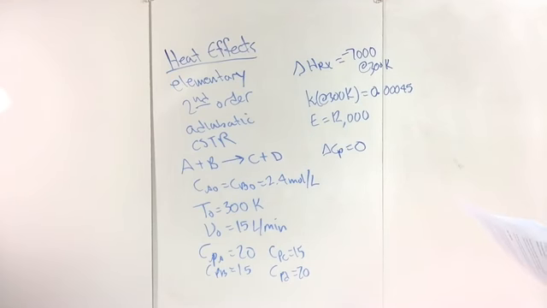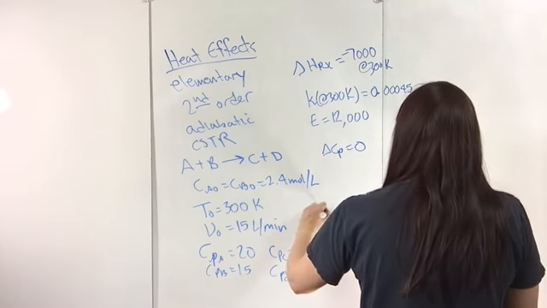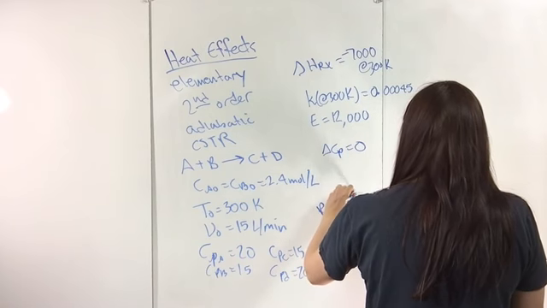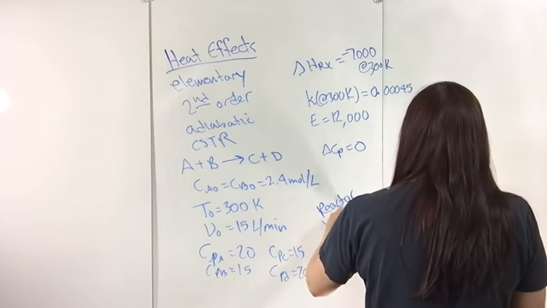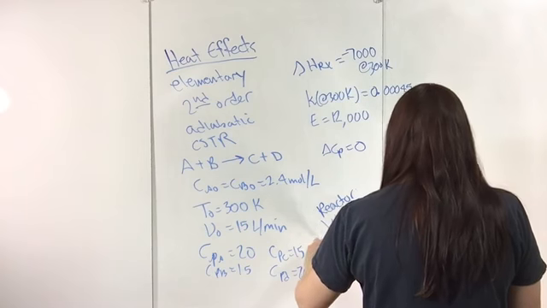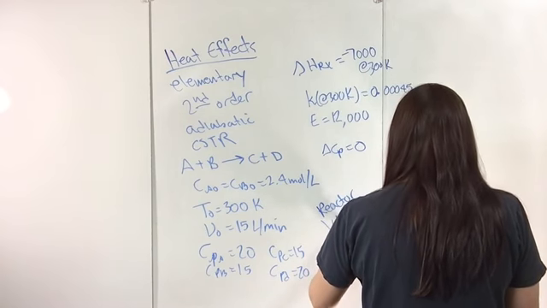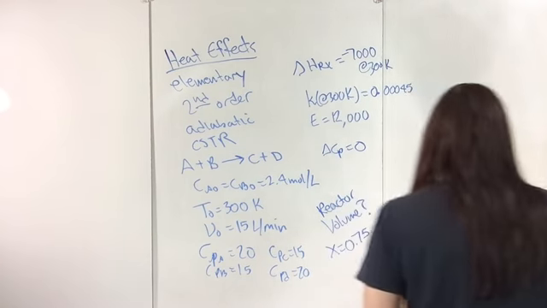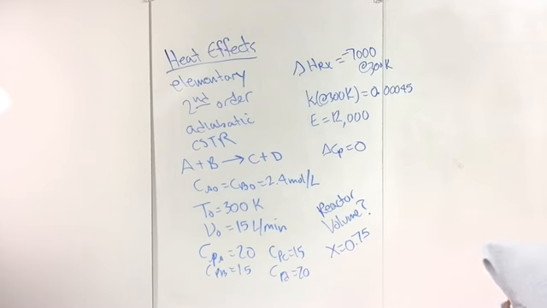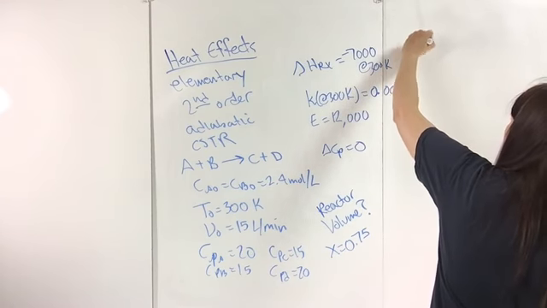So that's good to know because that means that we can pull an equation off that table. So we want to know the reactor volume when X is equal to 0.75. So the first thing you want to do is a mole balance.